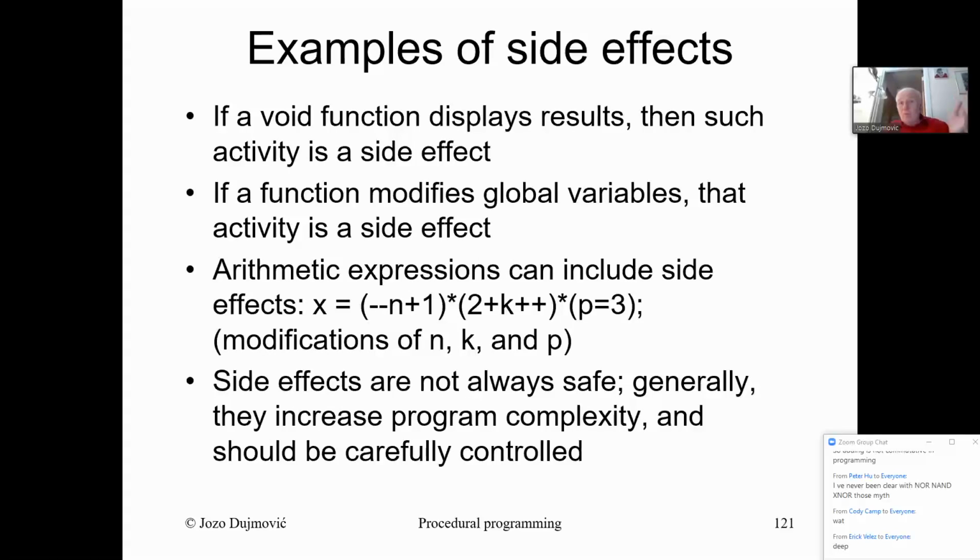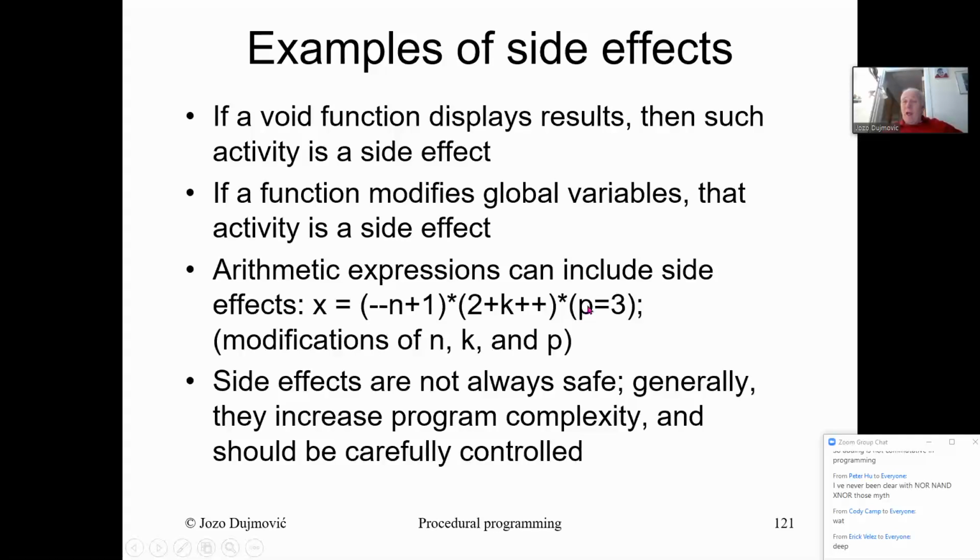Now, examples of side effects are, for example, this expression here. What I'm doing here, I'm computing the value of x. But before that, I want to decrement this n. After that, I want to increment this k. And at the same time, I want to assign 3 to p.